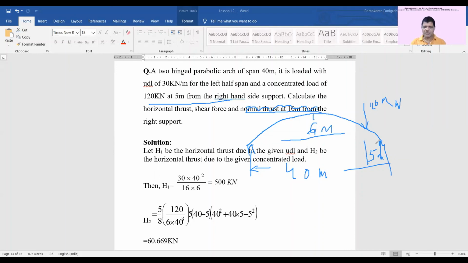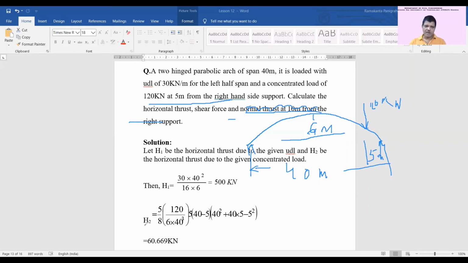Now with this, we have to calculate the horizontal thrust, the shear force, normal thrust, and radial shear at 10 meter from the right support. Now, the horizontal thrust will have two parts. One will be from the UDL and one from the concentrated load.